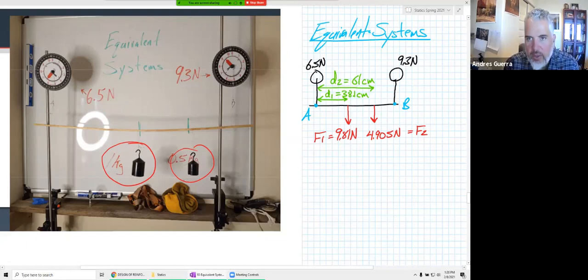So let me get that on the drawing here as well. That distance all the way from string to string is 76.2 centimeters. And so this one right here is our original system.